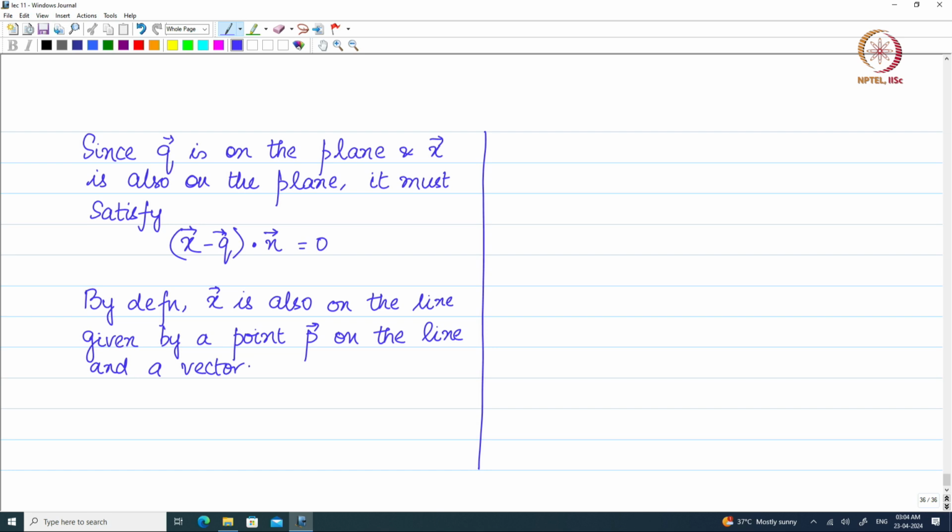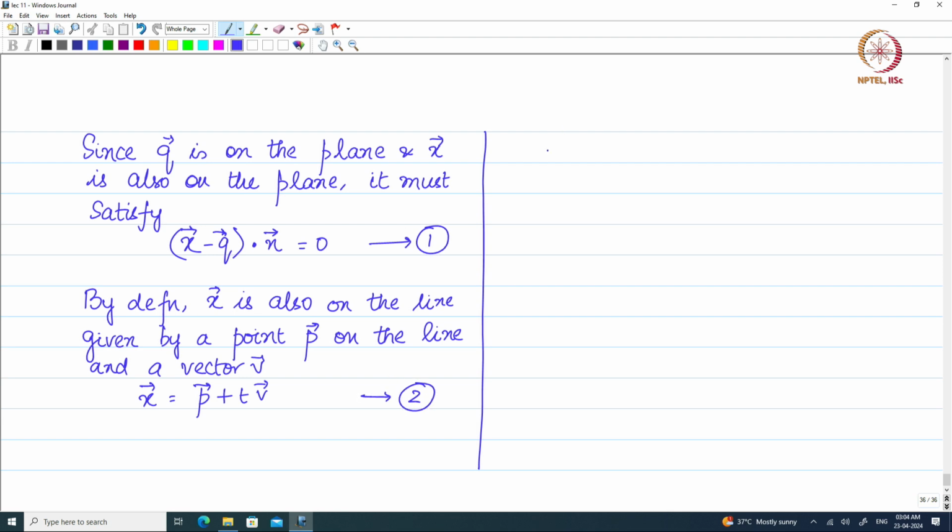That means you can say the point x is equal to p plus tv, which is the parametric equation of our line which we already had. We do not know the correct value of t. So, we need to find that value of t which will actually solve the problem. So, we have this as equation 1 and we have this as equation 2.